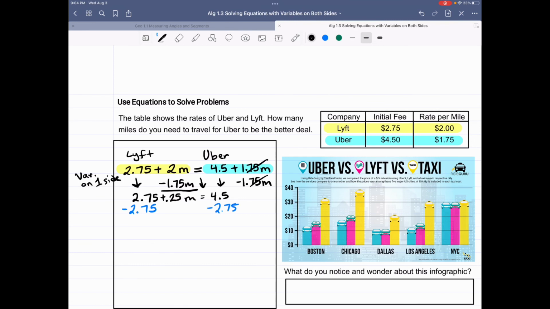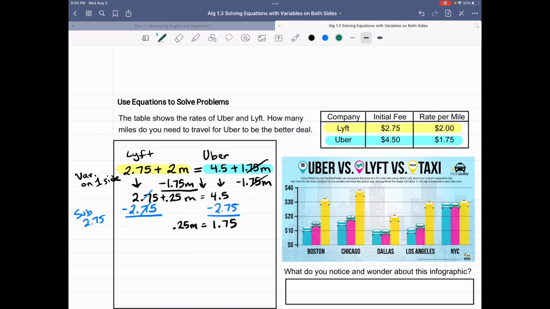The second step that we're doing is we are subtracting 2.75 from both sides. So the 2.75 on this side cancels. 4.50 minus 2.75, using a calculator, 1.75. Equals 0.25m, because I just bring all of that down.